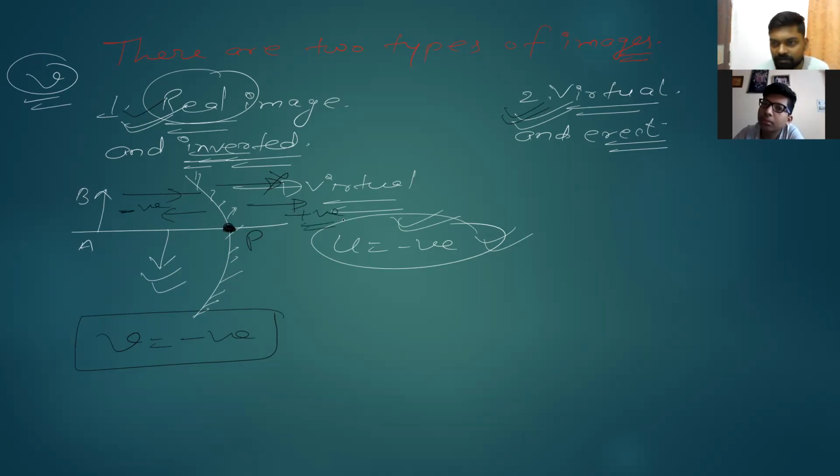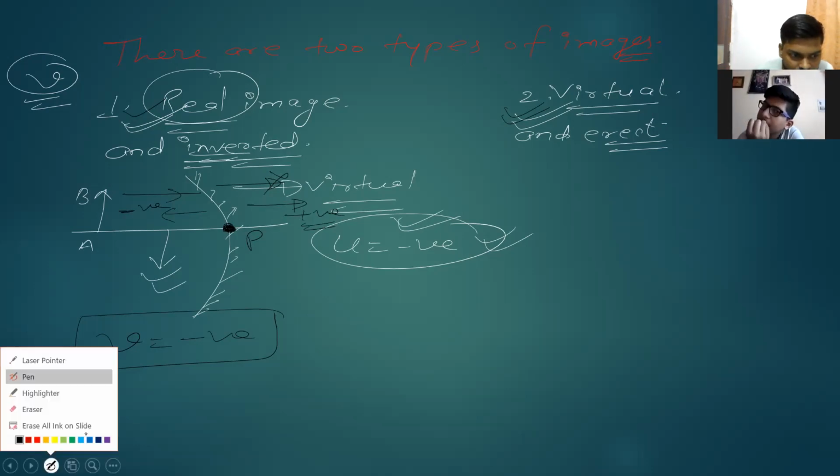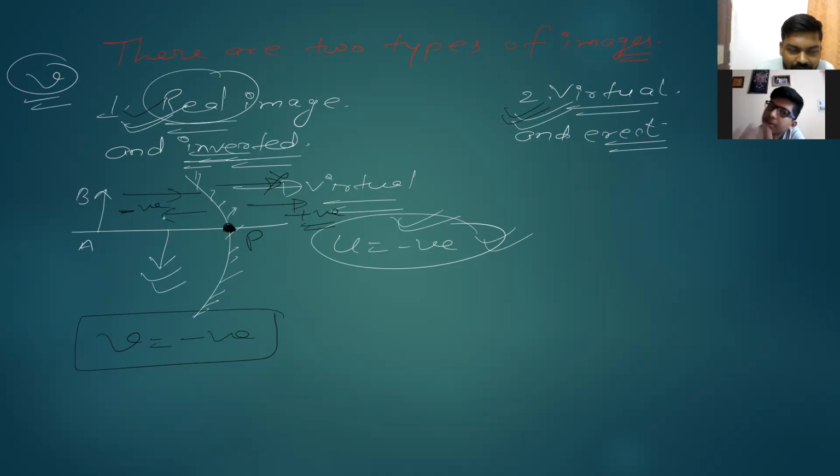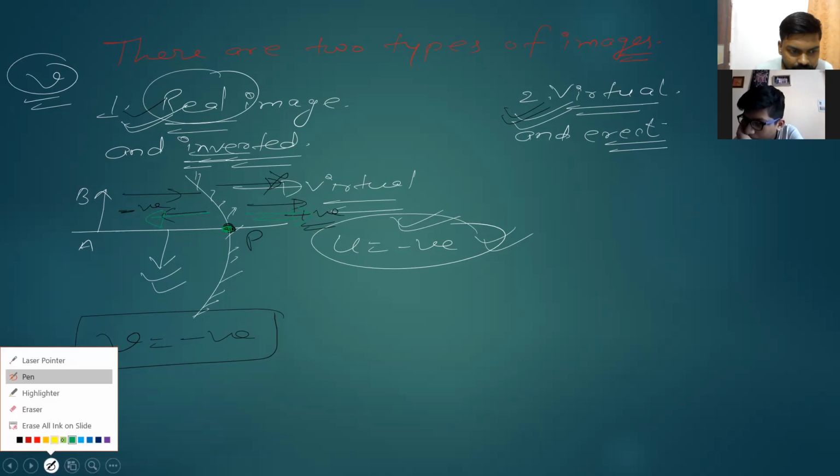Are you getting me or not? Yes, sir. Okay. So I am saying that if a pole is treated as origin, so this side will be negative and this side will be positive. Okay, is it okay?